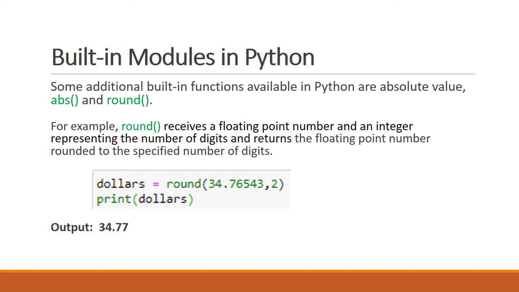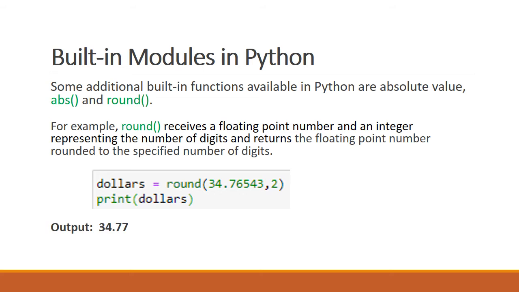For example, we could call the function round passing arguments 34.7653 and 2, representing the number of digits that we want that value rounded to. We pass those values into the round function.